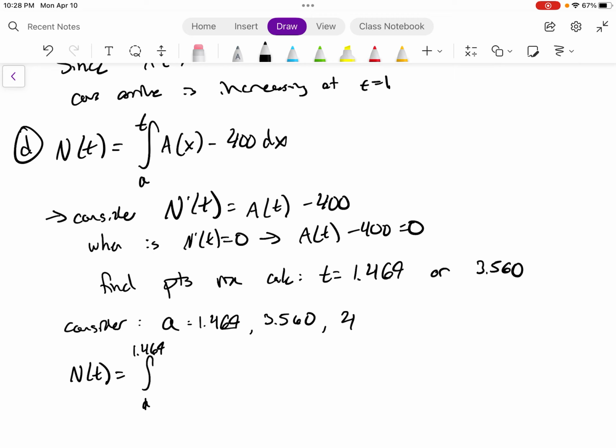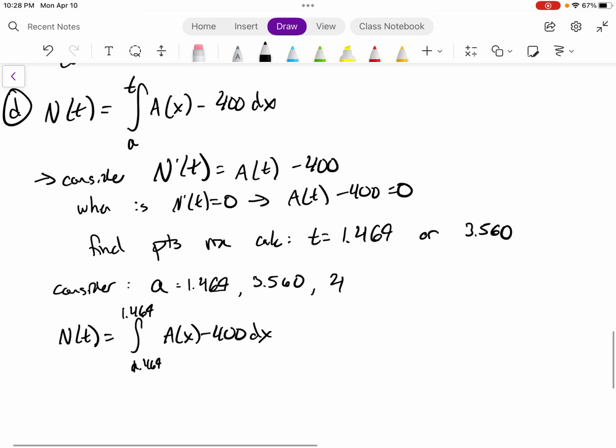Well, that's really the integral from 1.469 to 1.469 of A of x minus 400 dx. I don't mean this, I mean N of 1.469, this first guy. This is just going to be 0, because the limits are the same. So that one's kind of easy.